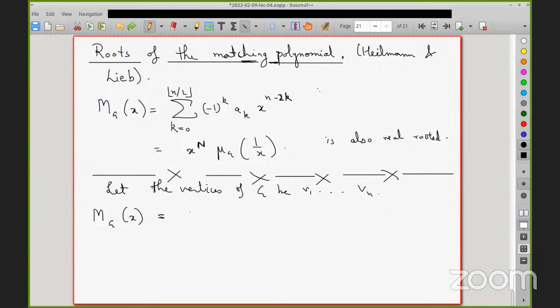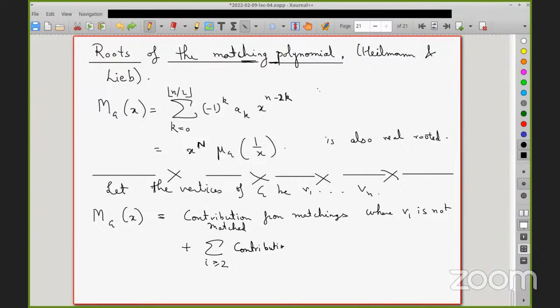What is the total contribution to the sum of those matchings? m_{G minus v1}(x), with some sign. Sorry, matchings where v1 is not matched. Plus, for i bigger than or equal to 2, the contribution where v1 and vi are matched.